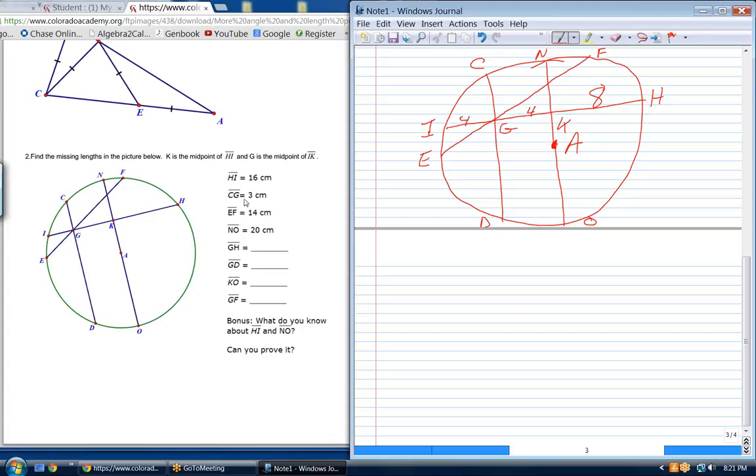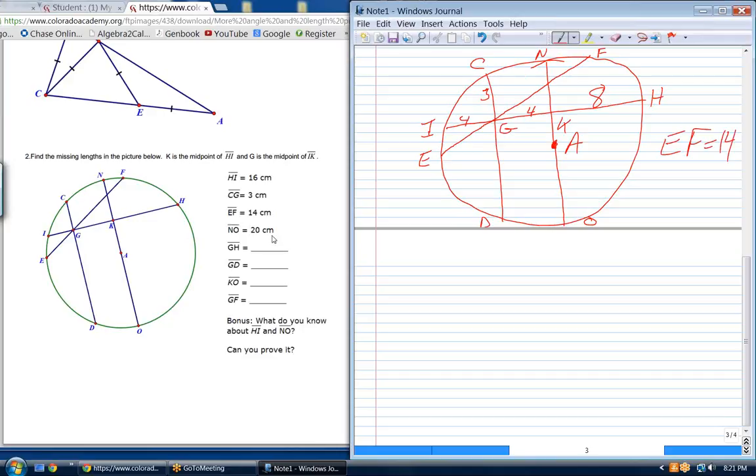Okay. CG is 3. EF is 14. Let me write that down up here because I don't know how to label it like that.